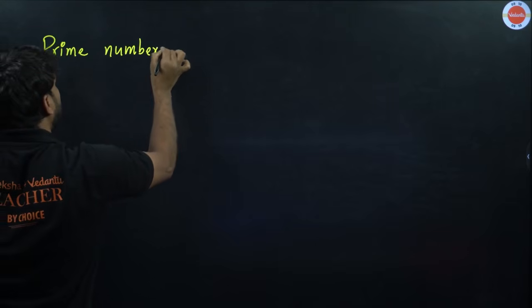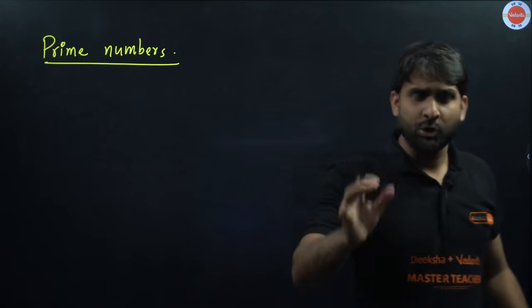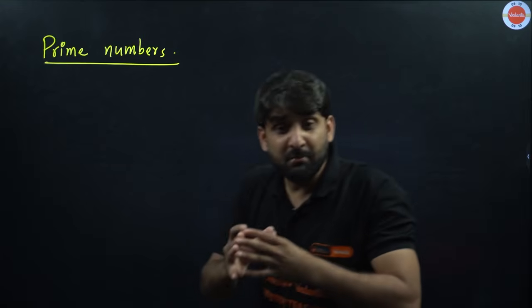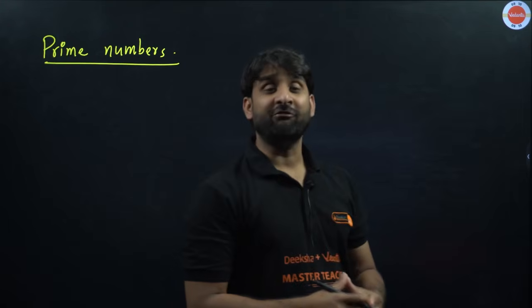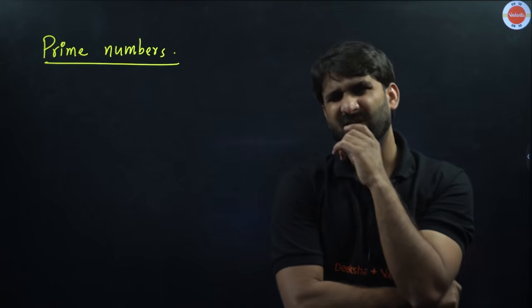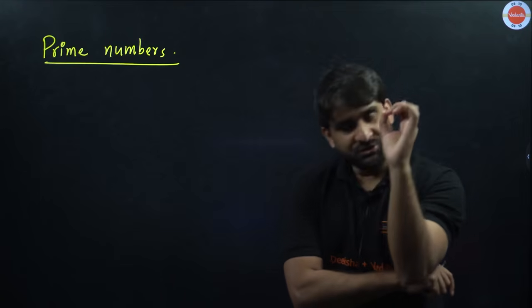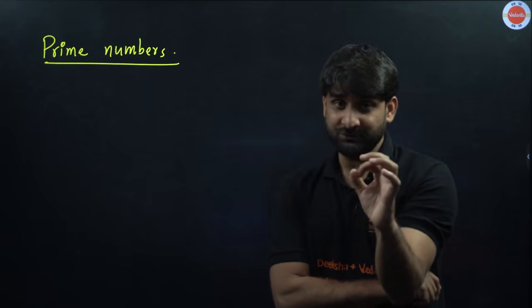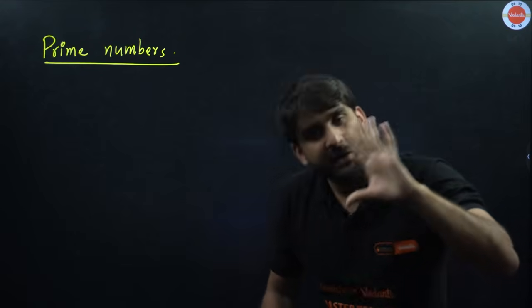Let's talk about, my dear champion, prime numbers. Very easy. Prime numbers are all those numbers which are having factors as one and itself. Sir, I couldn't understand what you are saying. Okay, just listen. The numbers that can be divided by itself and 1.